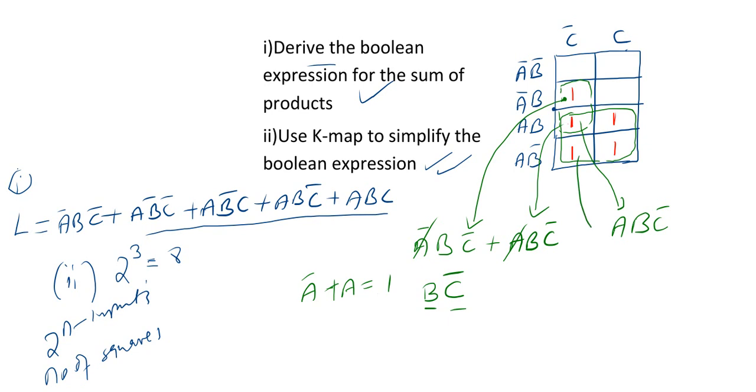Then this one will have A, not B, not C. Then this one will have A, not B, C. And this one has A, B, C.